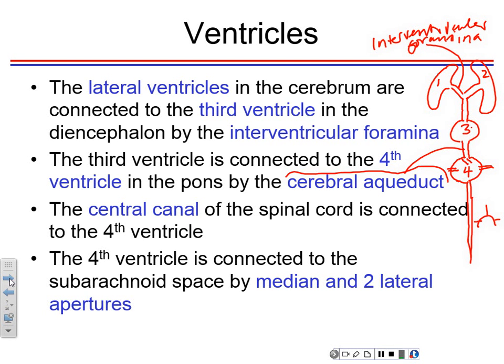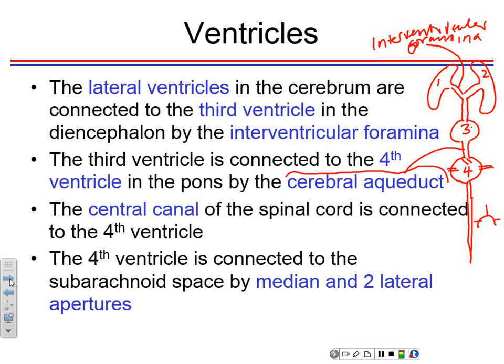So the cerebrospinal fluid flows from the fourth ventricle into the central canal of the spinal cord, and it also flows through the three apertures into the subarachnoid space, right? Do you see that now?